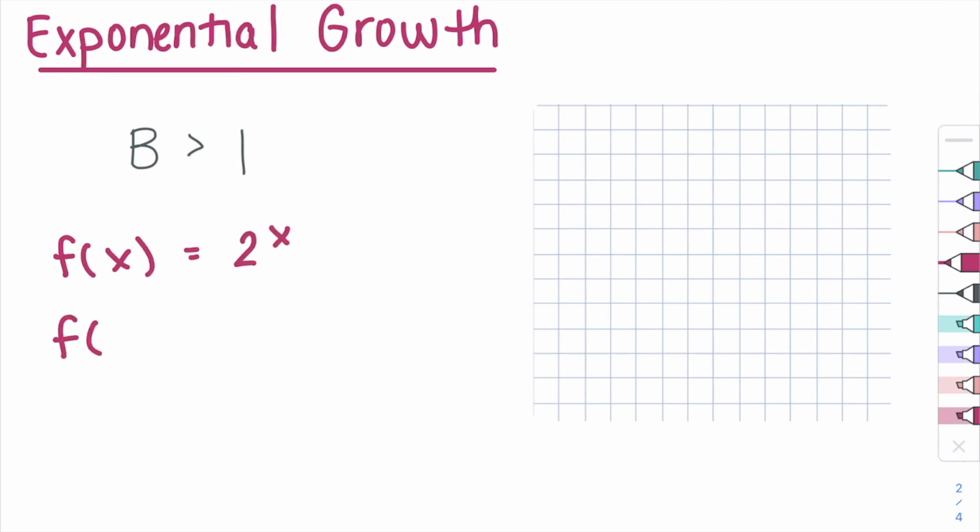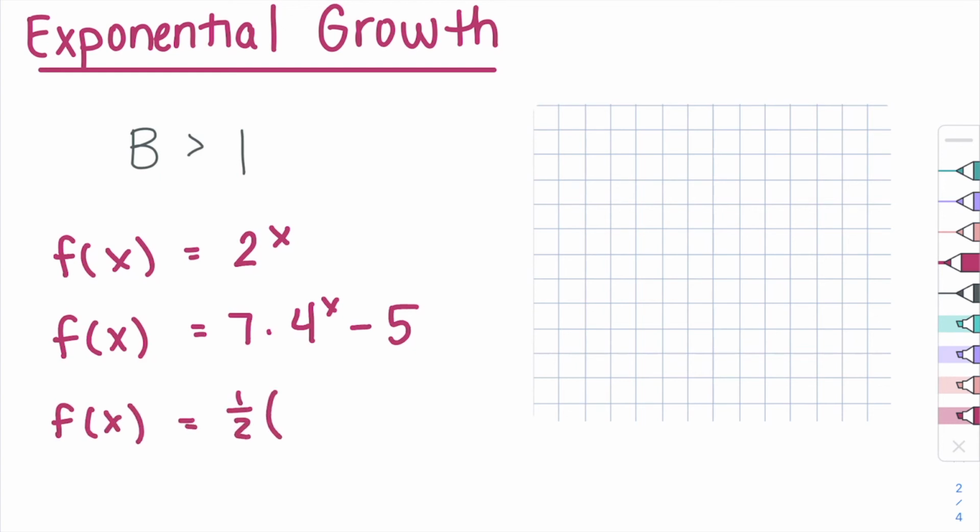You could have f of x equals 7 times 4^(x-5). You could even have f of x equals 1/2 times 3^x plus 2. It's that number stuck to the x has to be bigger than 1, which tells you have exponential growth.